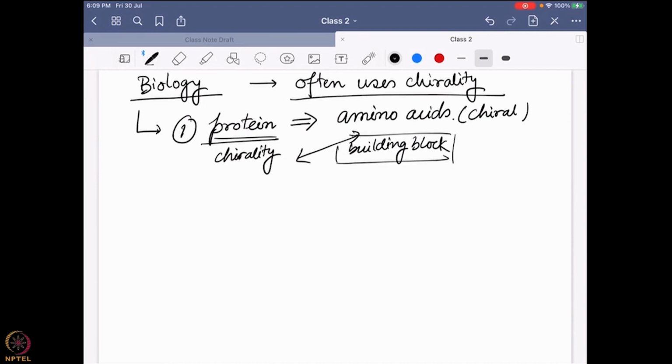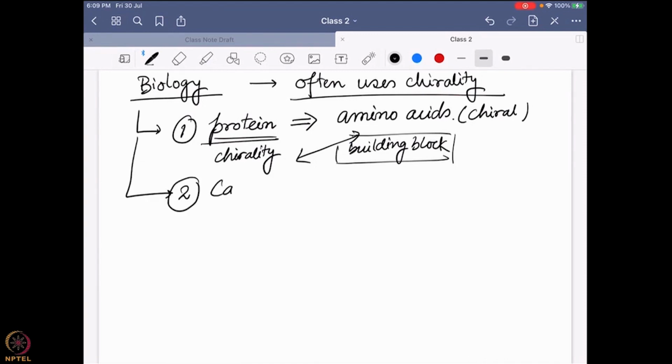But for now, we understand that the simple structure of protein is nothing but a polymer connected through different amino acids, and each of the amino acids except one is chiral. So obviously the polymer it is producing is going to be chiral. It is nothing but a polymer with multiple chiral centers present. So protein is chiral.